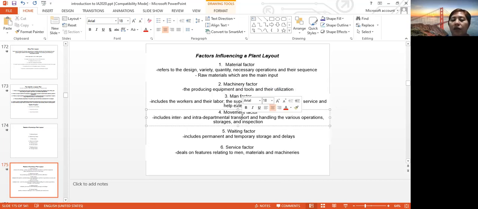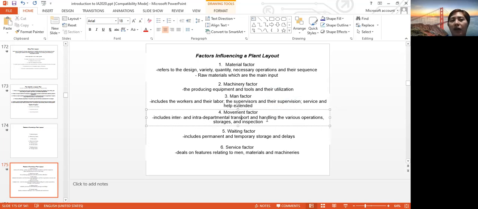So here comes the movement factor. It includes inter- and intra-departmental transport and handling of the various operations, storages, and inspection. So why do we have a plant layout again? Because if we are doing our job smoothly, then it boosts the morale of the individual.